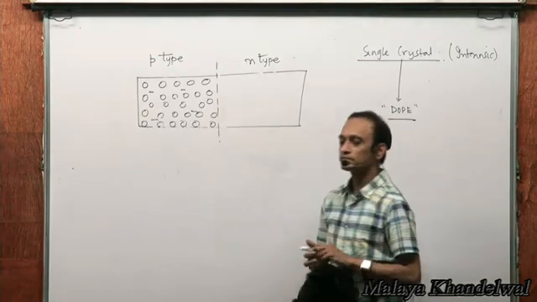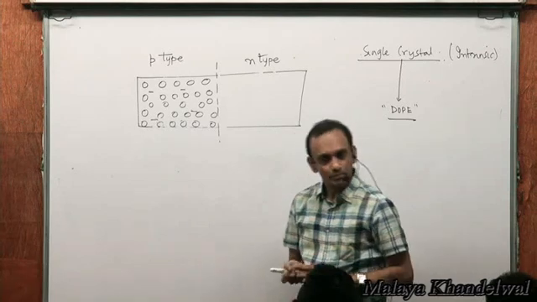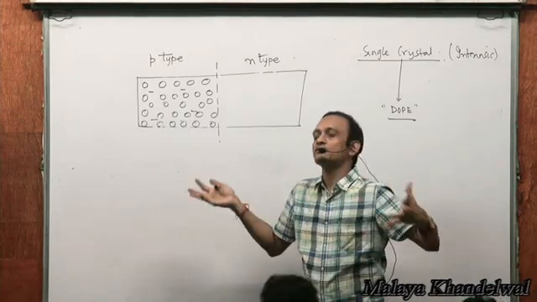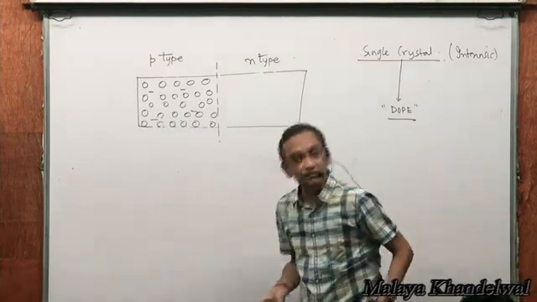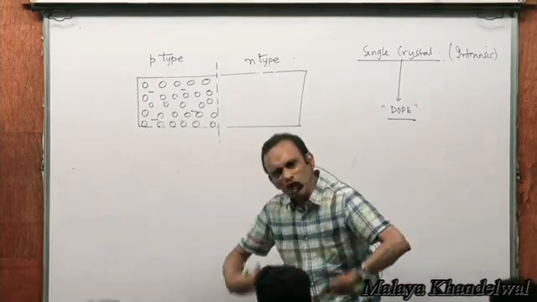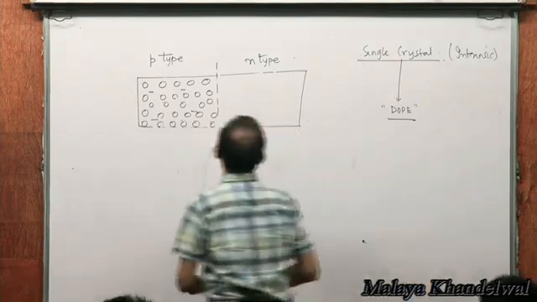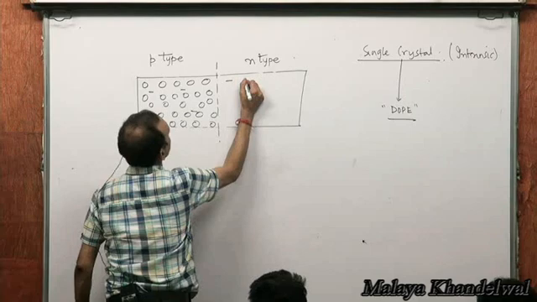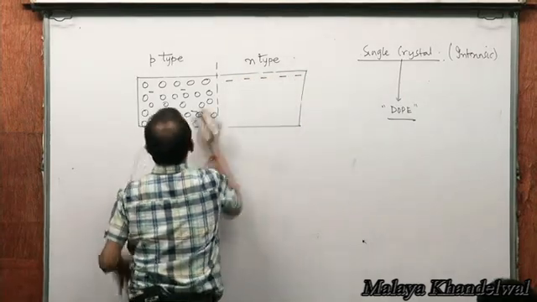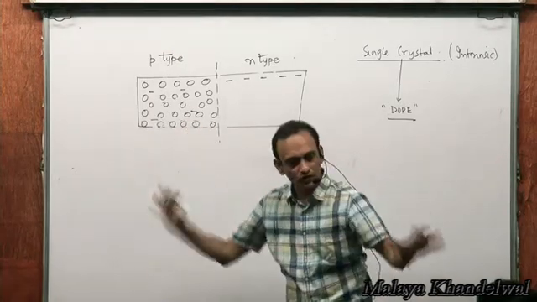N-type. And in the n-type, I dope it with a pentavalent impurity, and I create a large number of free electrons belonging to the conduction band and traces of holes belonging to the valence band. That's the n-type. So a large number of electrons on a bed of immobile phosphorus atoms.